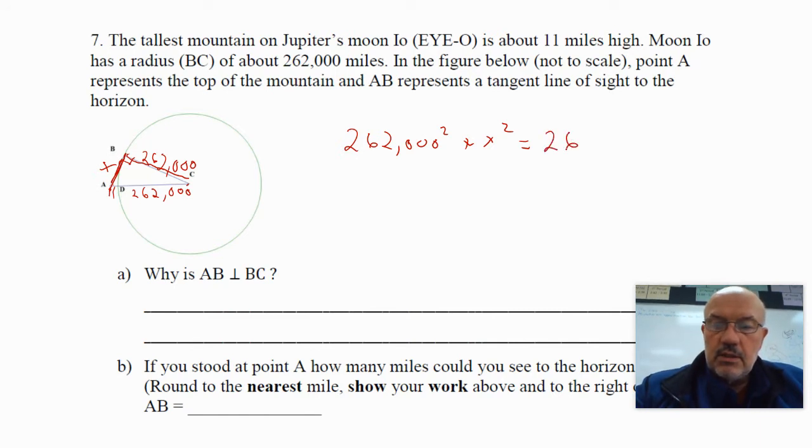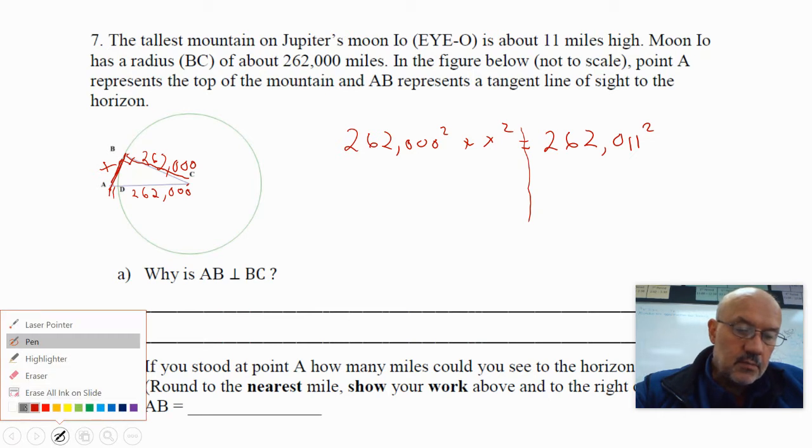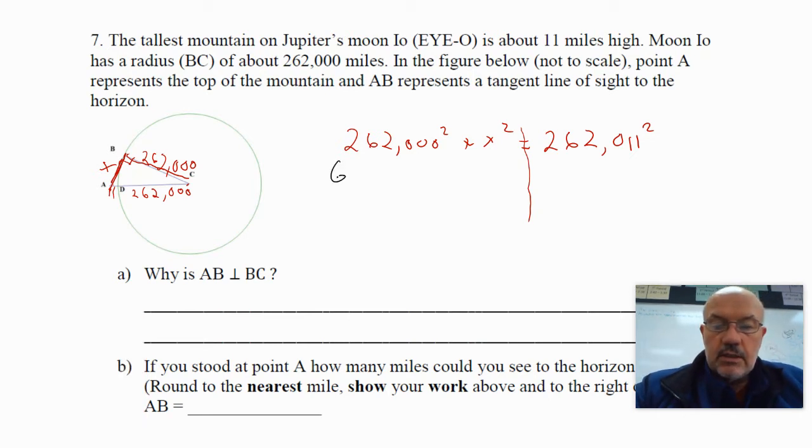so 262,011 squared. Now this will probably blow up your calculator. It'll put it in scientific notation. But here's what it would come out to be: 68 billion 644 million, and we can just barely squeeze that on there.